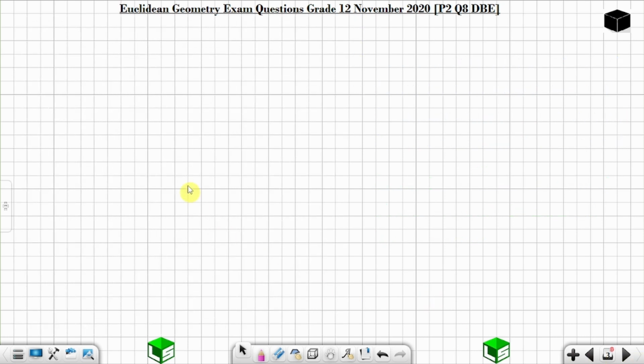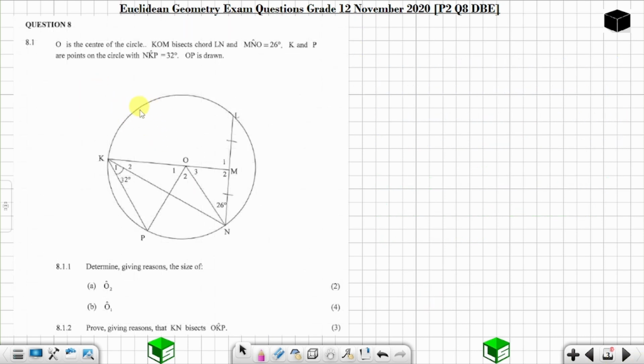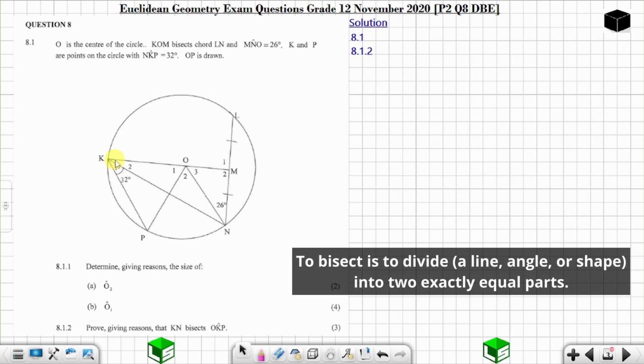We're still on question 8.1. Now we are going to answer question 8.1.2. Okay, solution 8.1.2. Prove, giving reasons, that Kn bisects angle OKP.